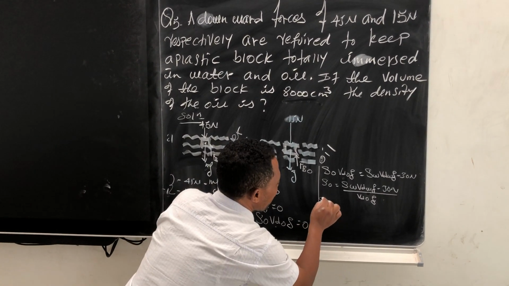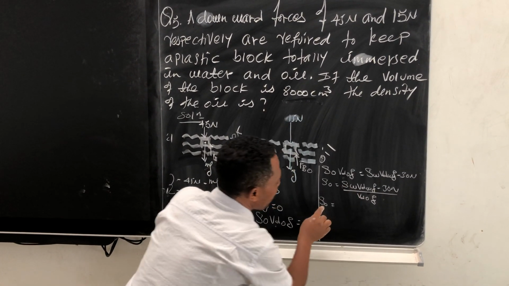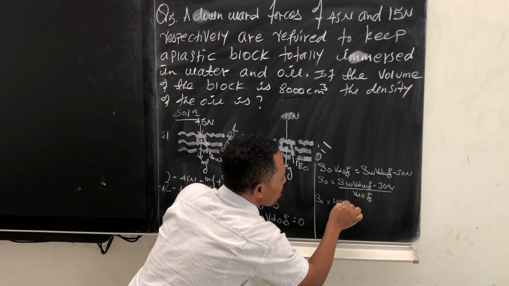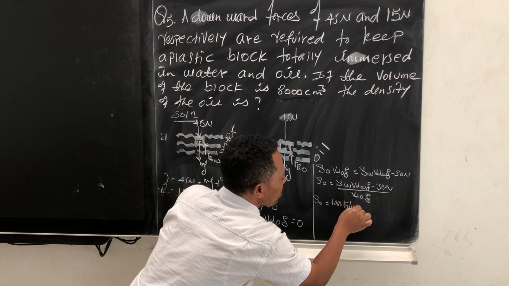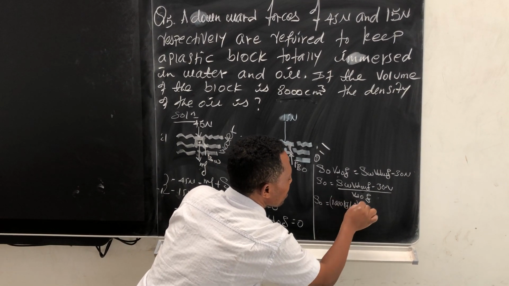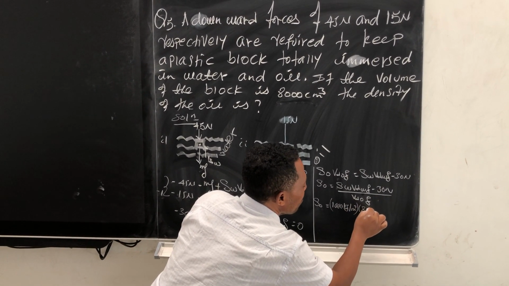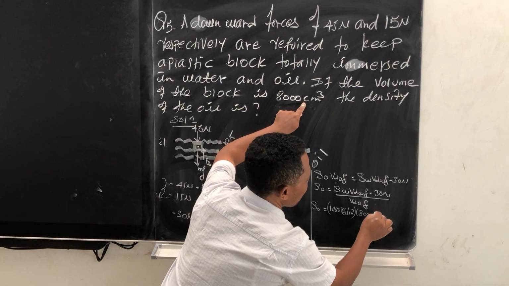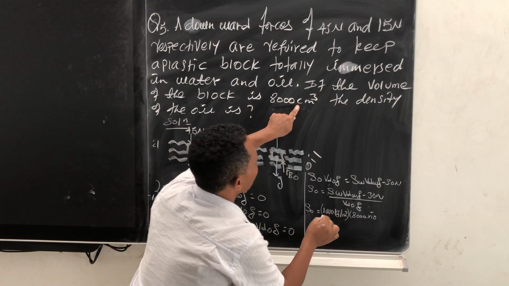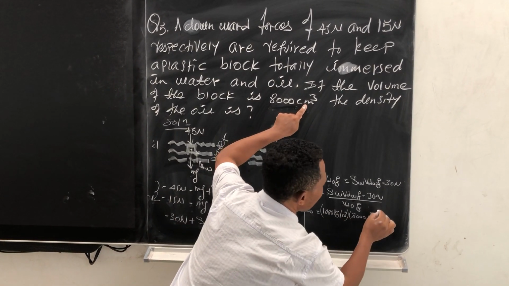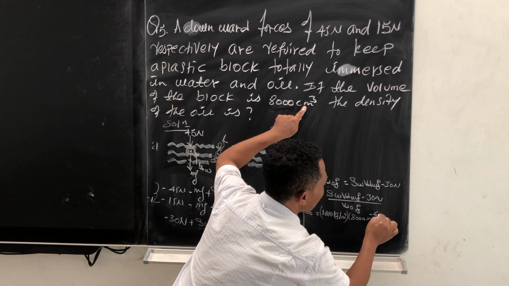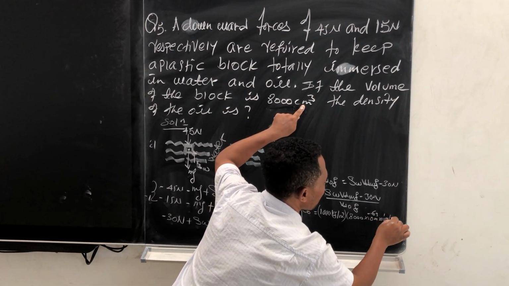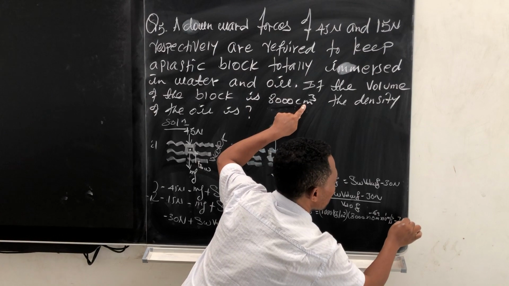Now the density of the oil becomes the density of the water, 1,000 kilogram per cubic meter, times 8,000 times 10 to the power of negative 6 cubic meter times 10 meter per second squared, minus 30 Newton.